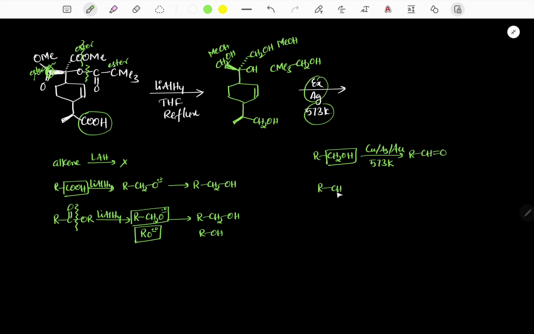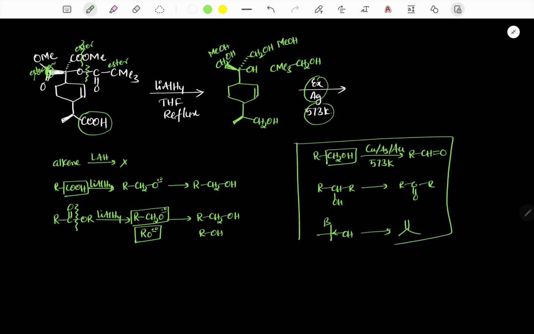Secondary alcohol undergoes oxidation and gives the corresponding ketone, and tertiary alcohol undergoes dehydration and gives a stable alkene. Primary alcohol gives aldehyde, secondary alcohol gives ketone, tertiary alcohol undergoes dehydration.